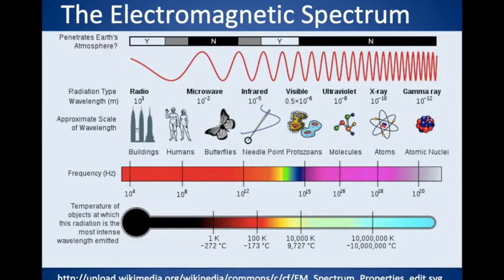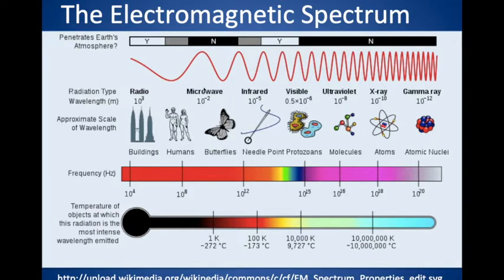Okay, so this chart shows the different categories of electromagnetic waves called the electromagnetic spectrum, and they're classified here going from long wavelength down to short wavelength, starting with radio waves, which have wavelengths more than a meter, maybe even kilometers or larger.